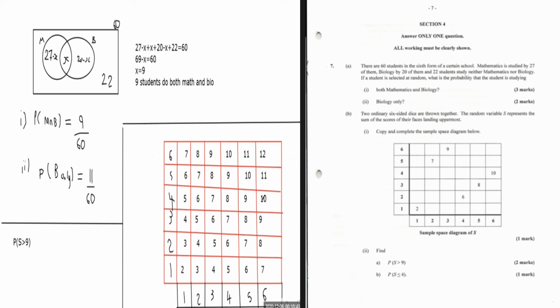So greater than 9 is 1, 2, 3, 4, 5, 6. These are greater than 9. Greater means bigger than 9. These are all of them. So it's 1, 2, 3, 4, 5, 6. That's equal to 6 out of 36. 6 out of 36 is 1 over 6.